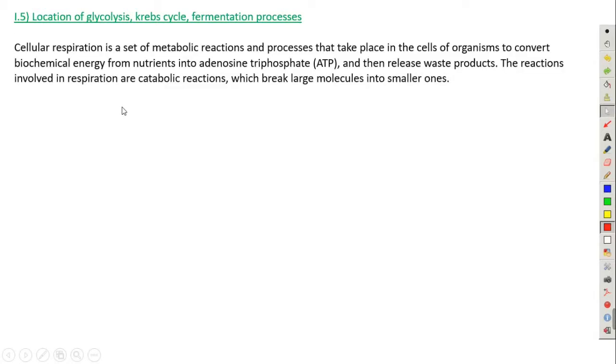1.5, location of glycolysis, Krebs cycle, fermentation processes. There's two main things. You need to know that these processes will produce energy in the form of ATP, and it's always a question of breaking large molecules into smaller ones.